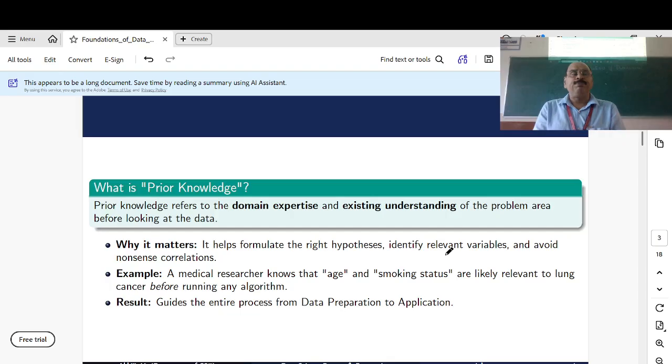In that case, a data scientist or the person who is collecting the data should know what are the possible causes of a particular disease. That is known as domain expertise: awareness or knowledge about the domain, the vertical in which you are expected to collect data.